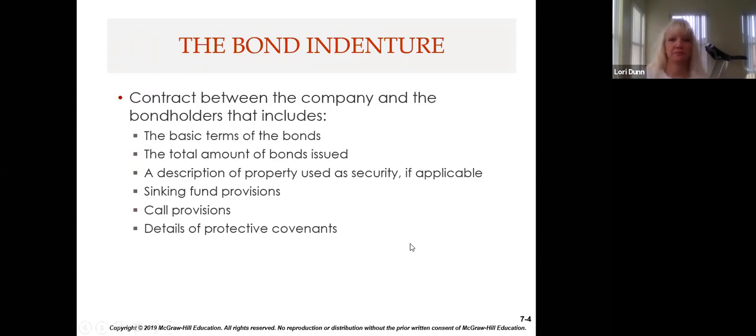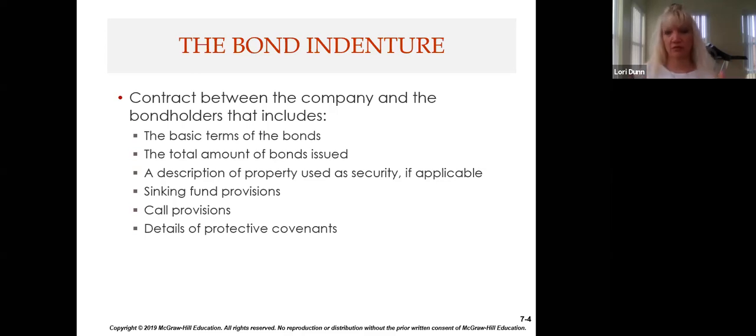Okay, so back to this contract between the entity selling the bond and the entity purchasing the bond, the bondholder. Other information that will be on this contract is if there's any kind of security on the loan.